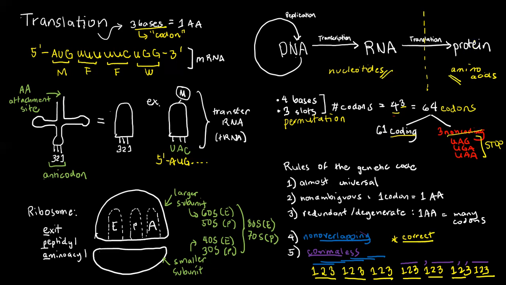And of course, that doesn't happen. In that case, we have to find a way to serve as a bridge between our messenger RNA and the protein. Some kind of friend that we have that could understand and translate the two languages for us.